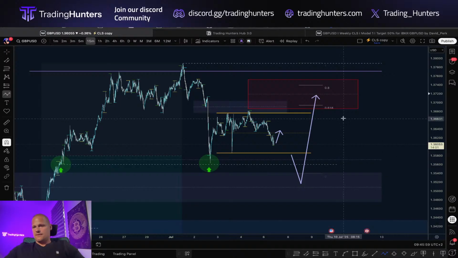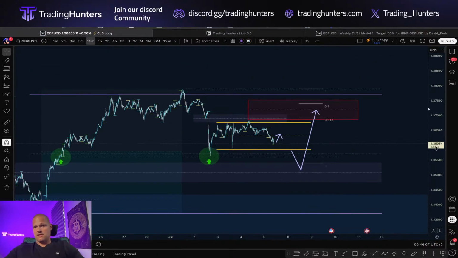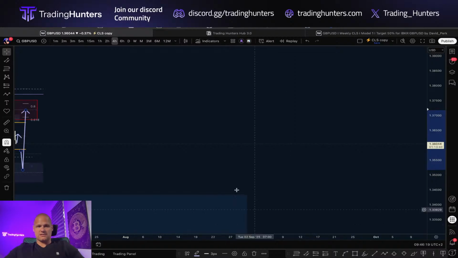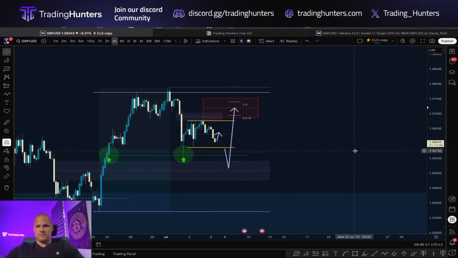Then if the dollar index will do what I think it can do, maybe we can go lower. Maybe not, maybe it can still continue higher, but it's not my problem. This is what I want to be interested in, this move. Obviously, the CLS ranges are going to be set up, some of them.